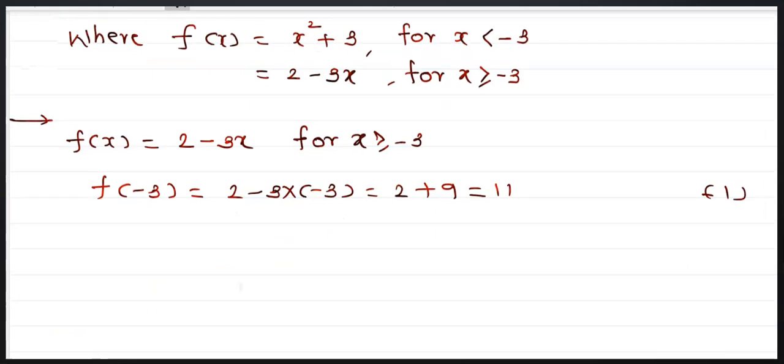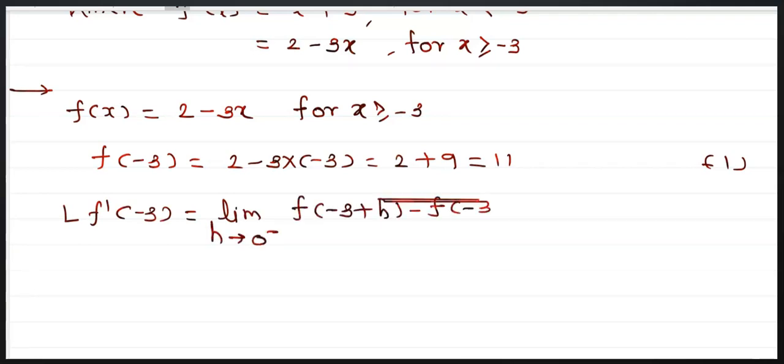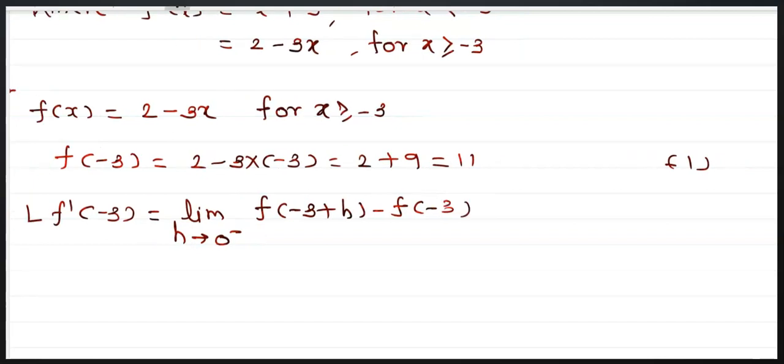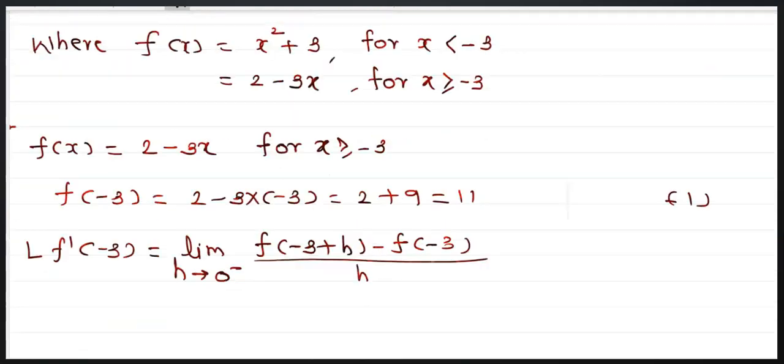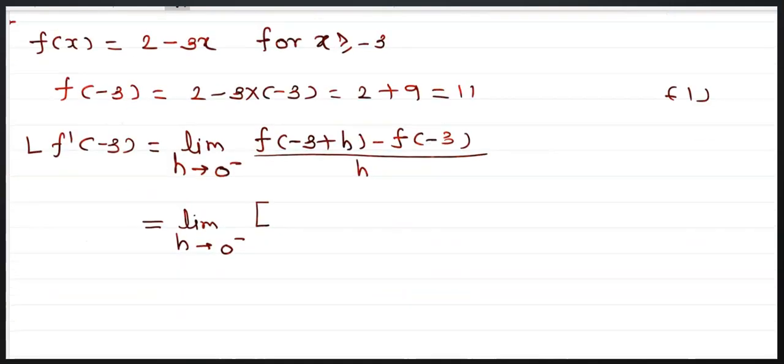Therefore, now we'll find out its left hand side limit, that is the limit h tends to 0 f of minus 3 plus h minus f of minus 3 upon h. That is the left hand side limit.